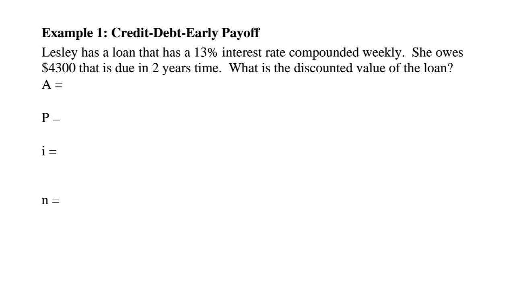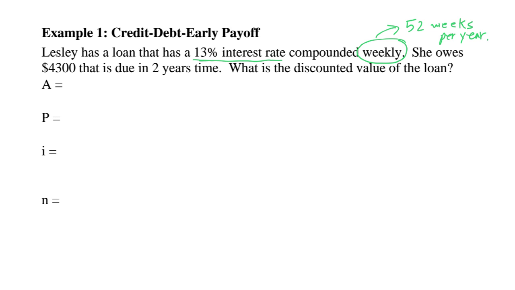Leslie has a loan with an interest rate of approximately 13%, and it's compounded weekly. So you know that something compounded weekly means we have to use the compounding number of 52 weeks per year.